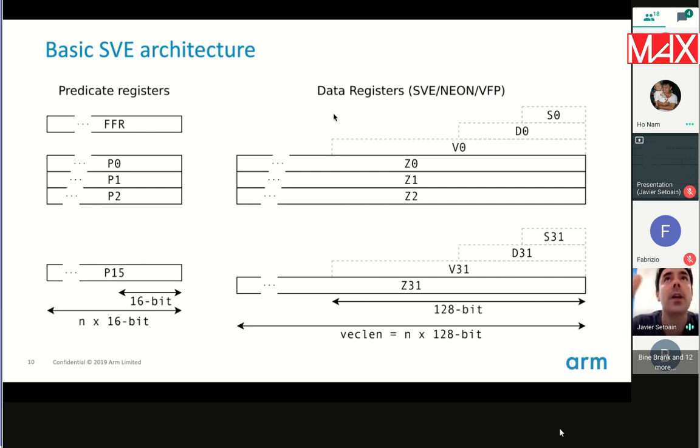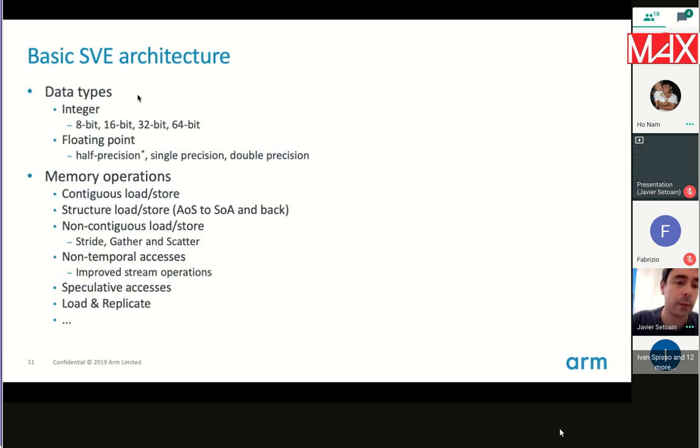This is more like the original classic Cray vector extensions. And then there's this special register, which is the first faulting register. Is that one that you can see up here. I don't think we'll have time to get into details about this, but this is something quite special that we added that solves potentially some problems with structures with unknown length.